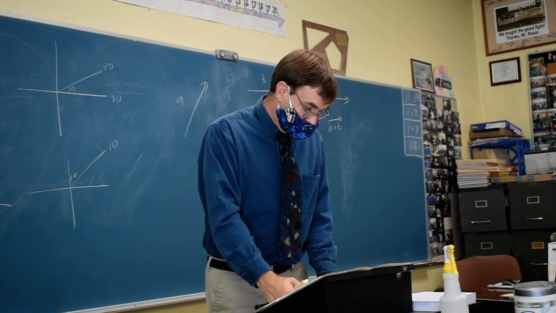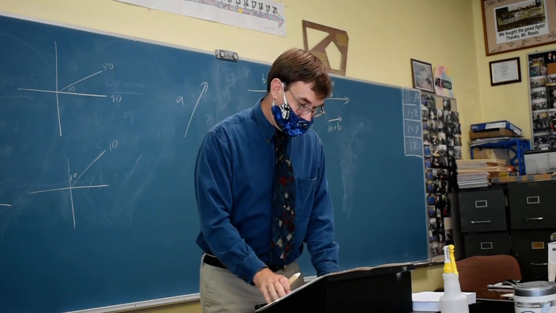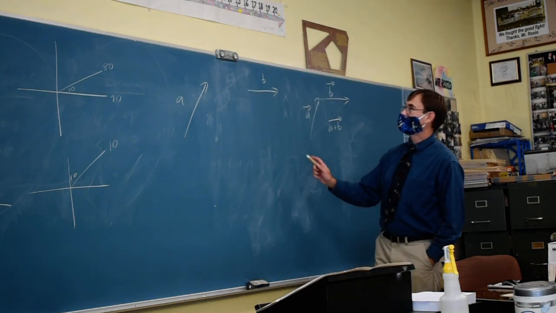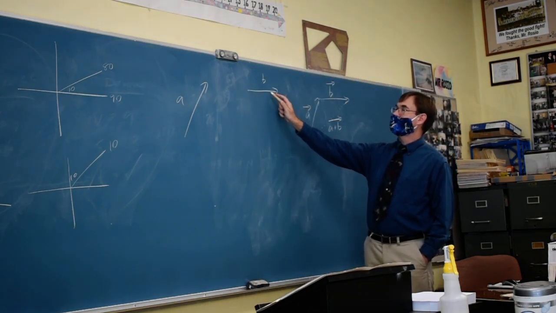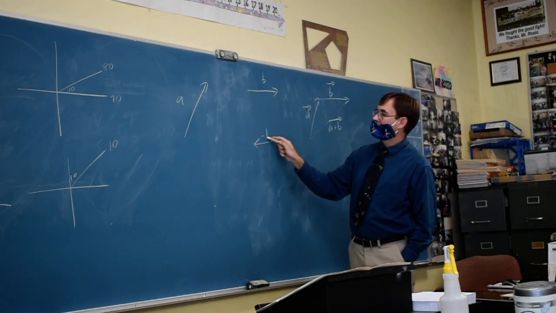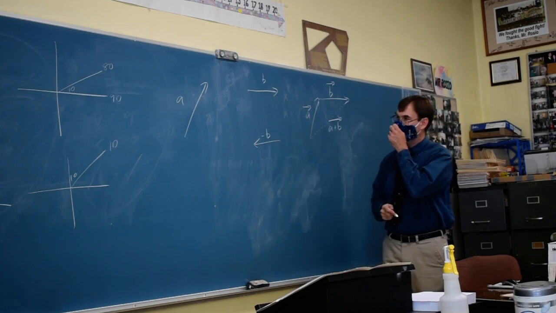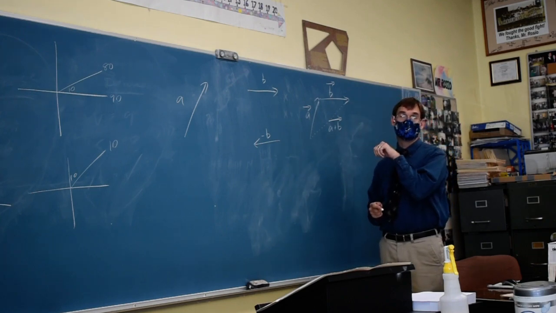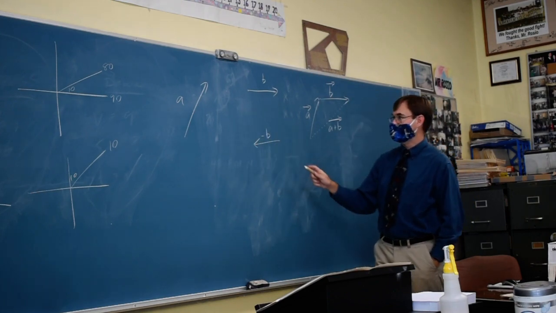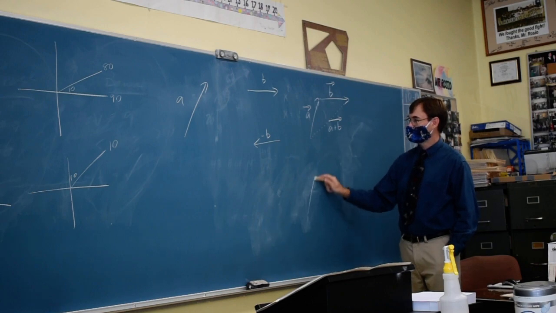New thing to everybody's life is subtracting vectors. If I want to do A minus B, if this is the B vector going right, that would be a negative B vector. It just goes left, in the other direction. If I want to do A minus B, it would be a similar picture.